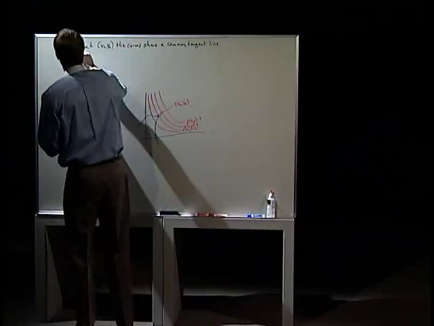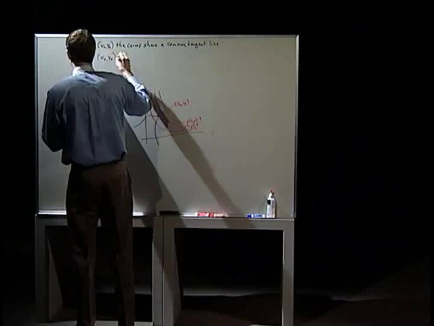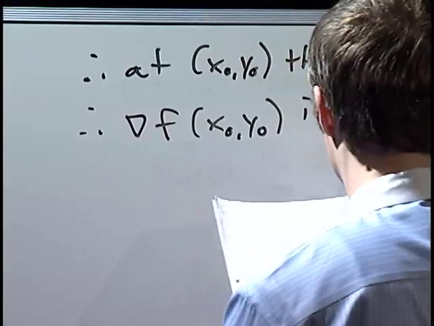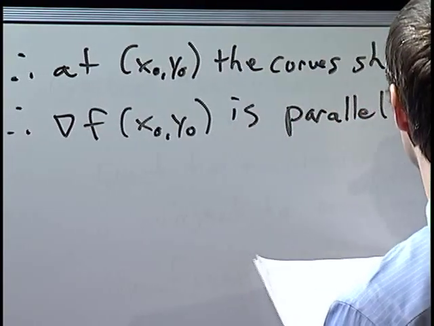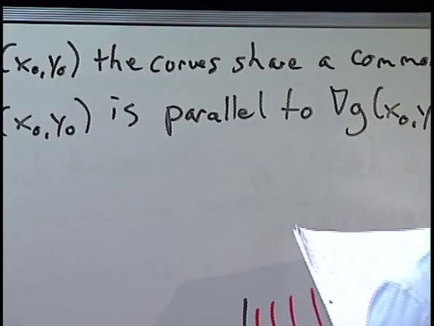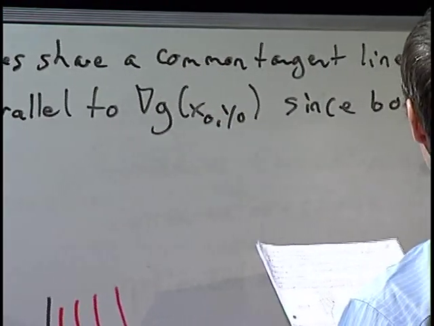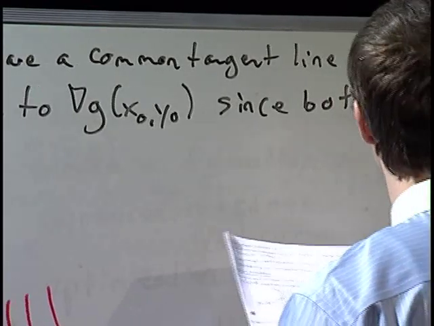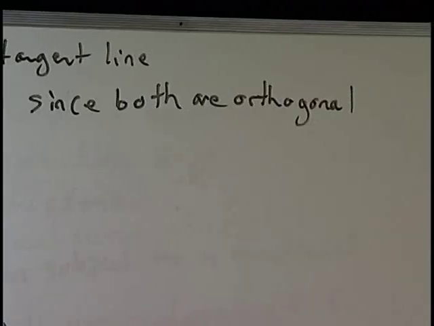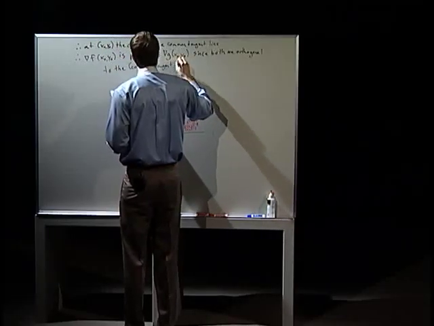And that means that the gradient of f at x naught, y naught is parallel to the gradient of g at x naught, y naught, since both are orthogonal to the common tangent line, right?